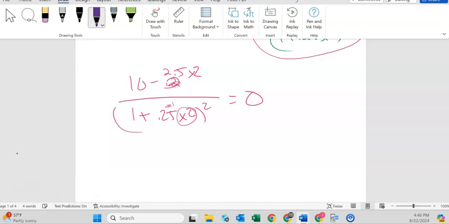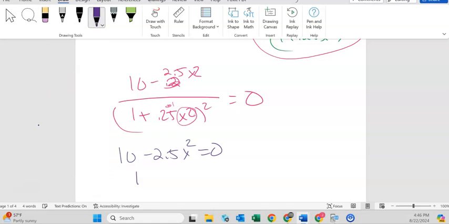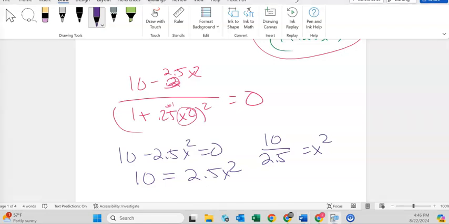And then I'm just going to take the top, because when this equals 0 is when the whole thing will equal 0. So then I have 10 equals 2.5 x squared. So what is 10 divided by 2.5? It is 4.